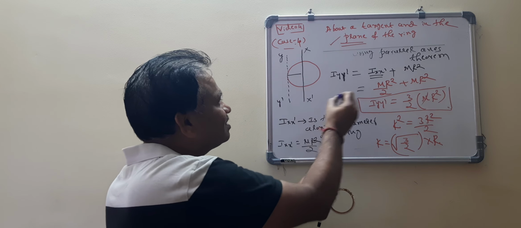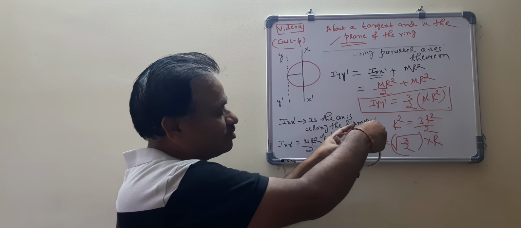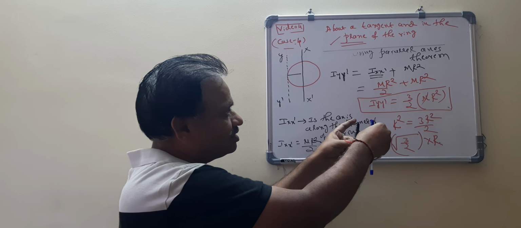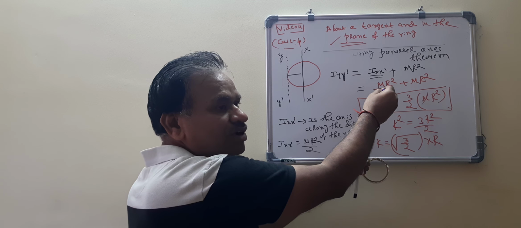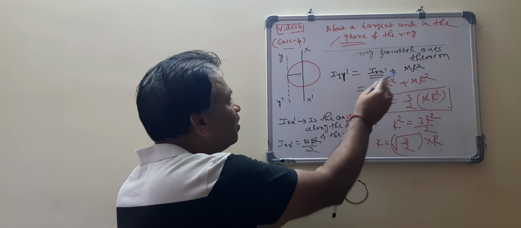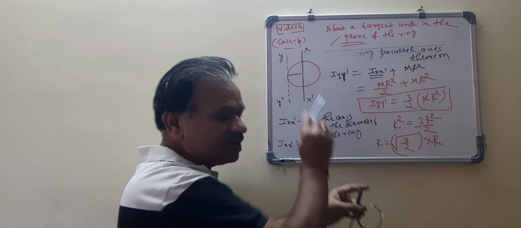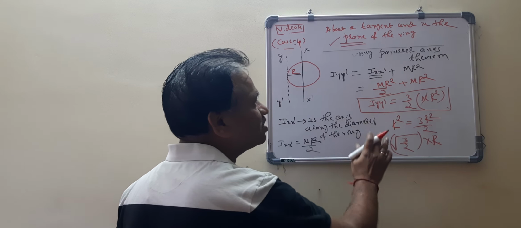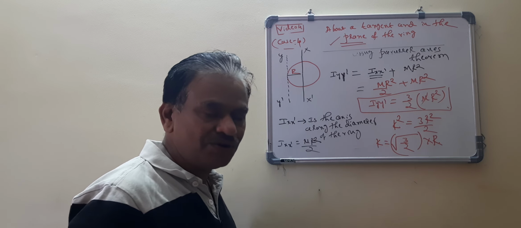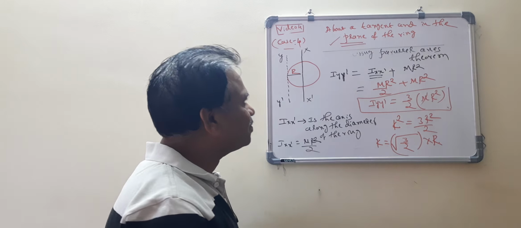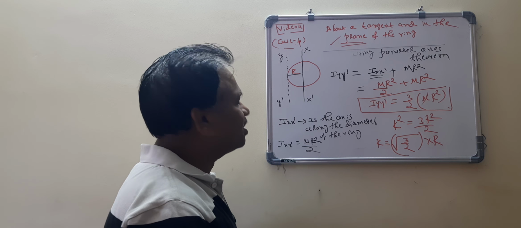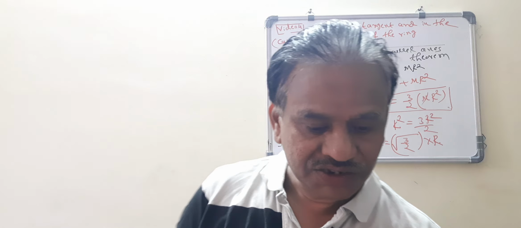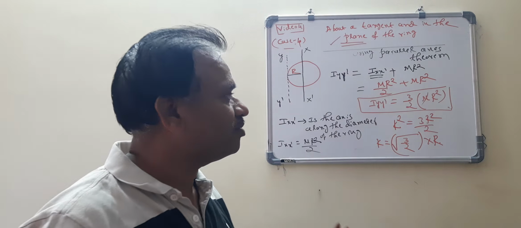Here, I x dash means along the diameter, and I know the equation m r square by 2. M is the mass of the ring, and the distance is r, so r square. So total it becomes 3 by 2 m r square. That's all. From the point of view of examination, I will tell you once again, case 1, case 2 and case 4, remember them.